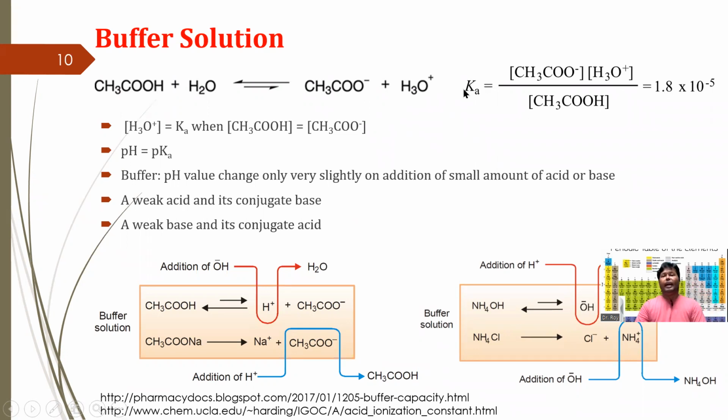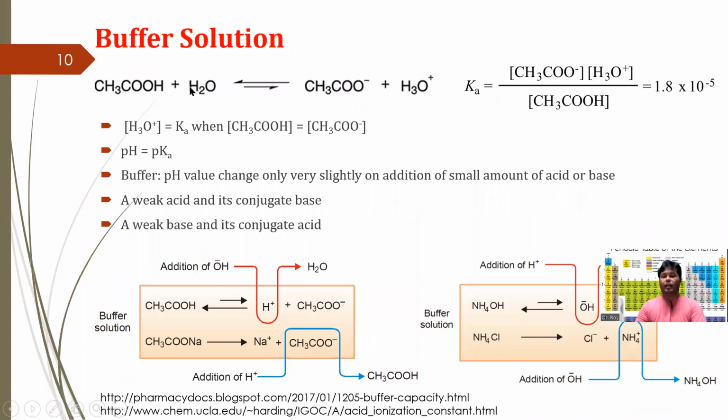That means the acid dissociation constant for acetic acid is a very small number, 1.8 into 10 to the power minus 5. Still, this is quite a large number compared to others. Sometimes we may have an acid dissociation constant value of 1.8 into 10 to the power minus 18. That means that is very small. Even in the case of water, we have found that the dissociation constant is 1.0 into 10 to the power minus 14.